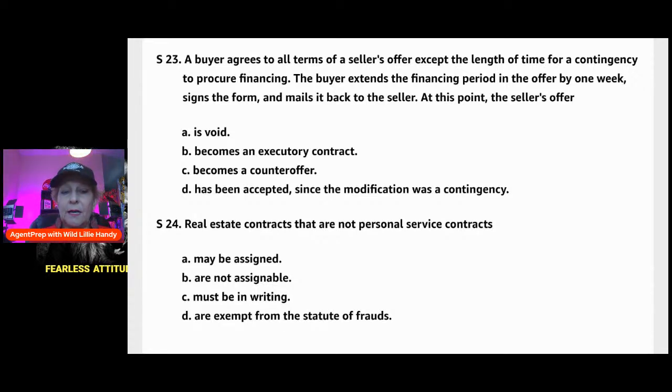So real estate contracts, they're not personal service contracts like a home warranty or AC service contract or exterminator contracts. No, it is not C, because what if it's a lease for less than a year?